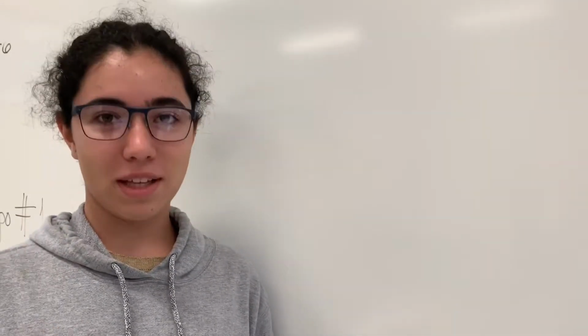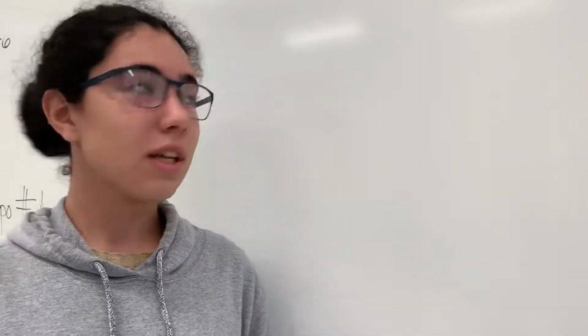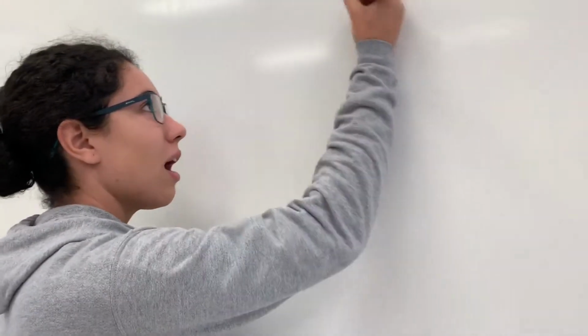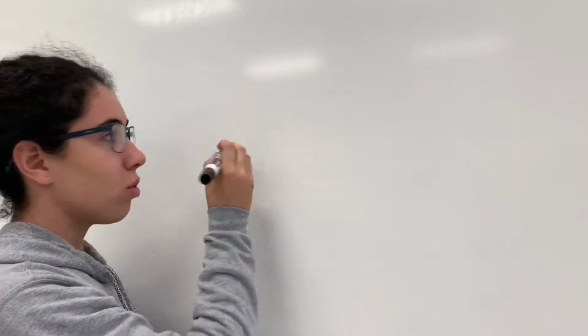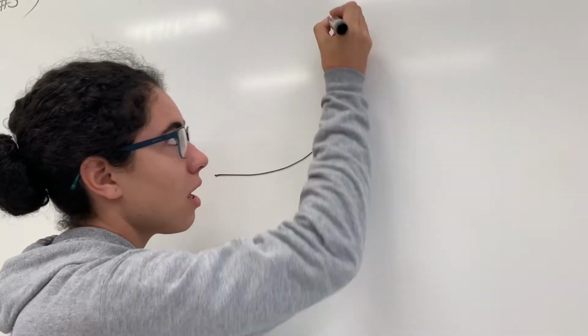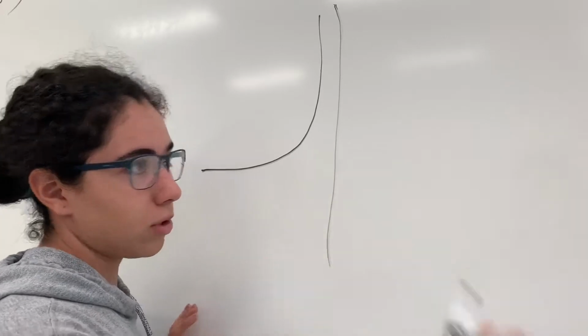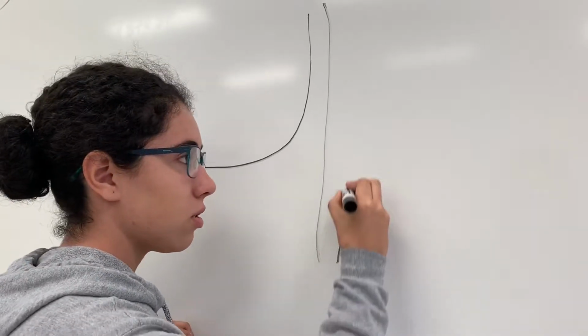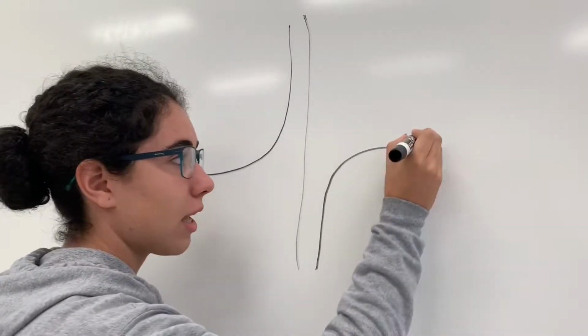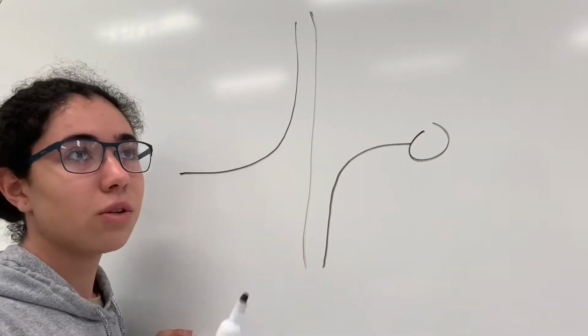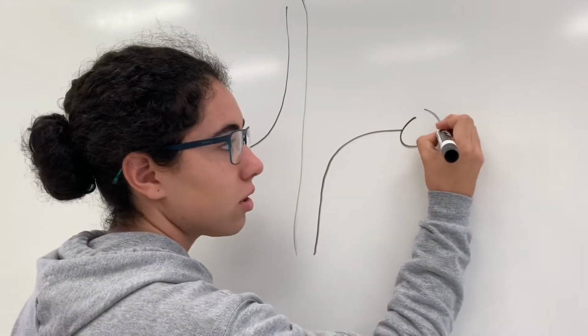Two applications for rational functions could be, for example, a student who goes to school all this time, and then the asymptote is the time he stops to go to his house, and then he continues to study. But then there's a gap if he wants to take a break, and then he continues to study.